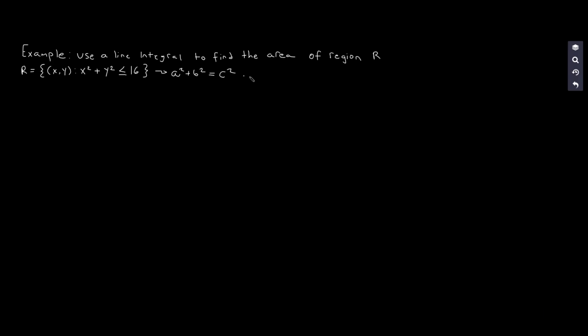Only here it's x squared plus y squared is less than or equal to 16, also known as 4 squared. This is a circle C with radius 4.